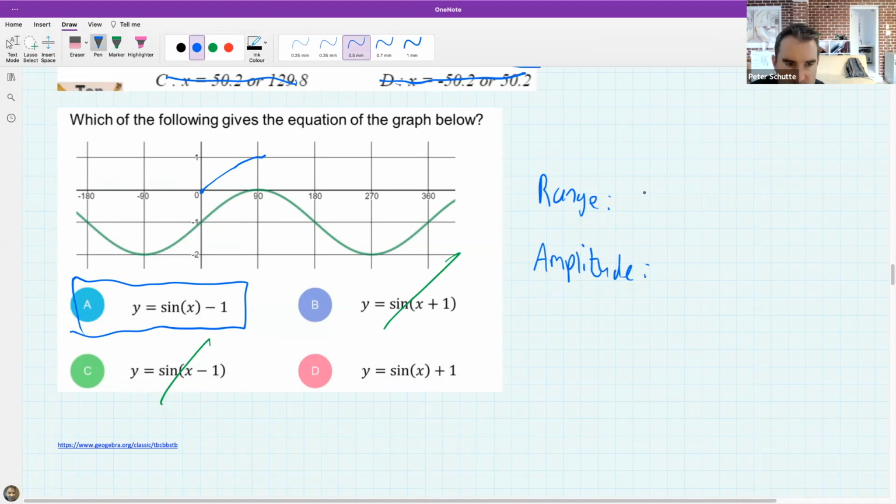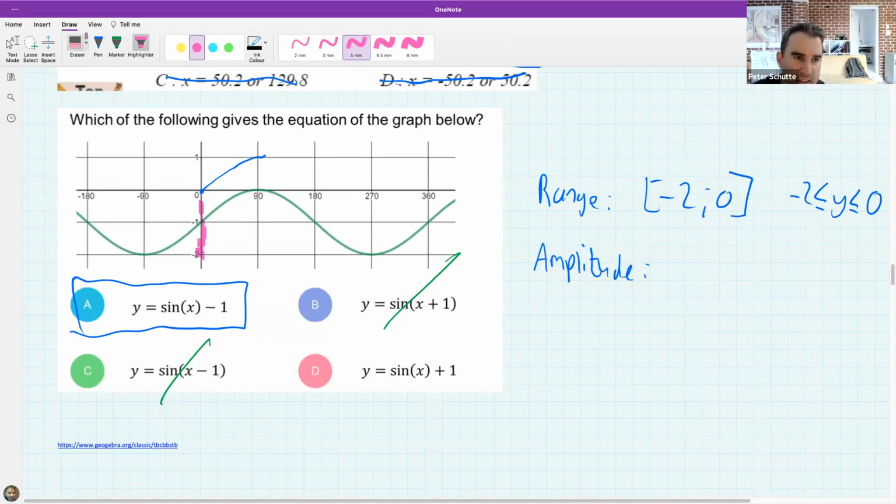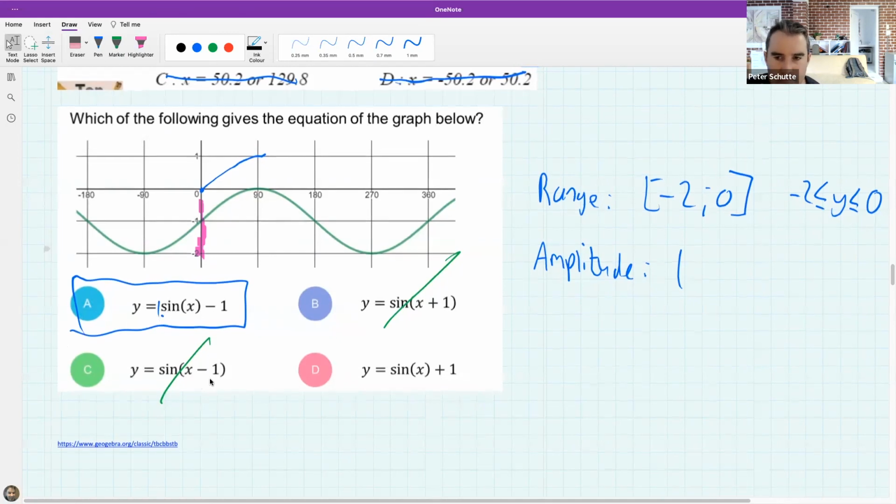Yep. So range is going to be -2 to 0, or in the other notation, it would be that. And we can clearly see that. And the amplitude isn't changed. The amplitude is still just 1. It's the number in front here. But it's the absolute value of the number in front, I should rather say.